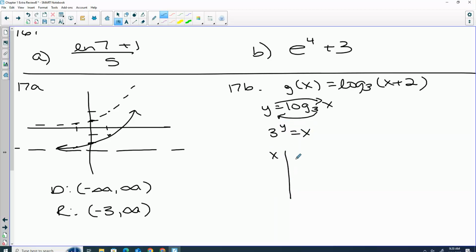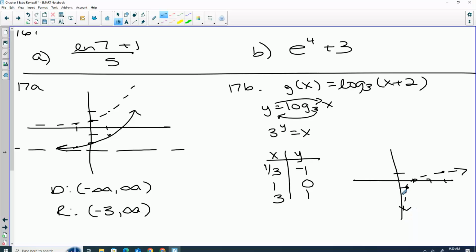So think about your t-chart. Y is the exponent, so that's where I put my -1, 0, and 1. 3 to the -1 is 1/3, 3 to the 0 is 1, 3 to the 1st is 3. So (1/3, -1), (1, 0), (3, 1). My parent function, so that's my dashed one.